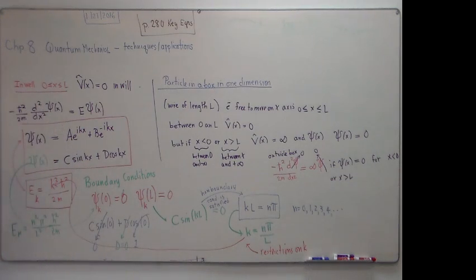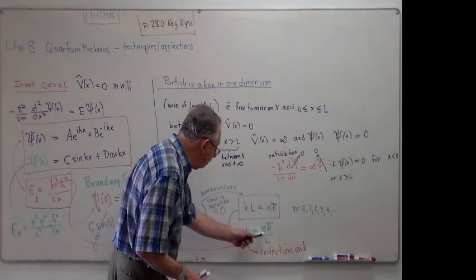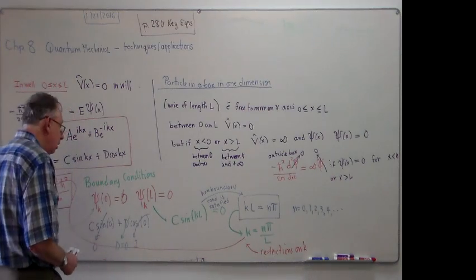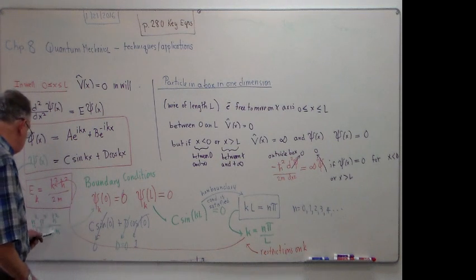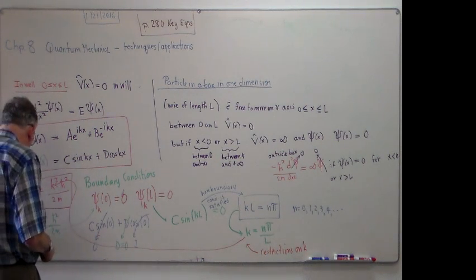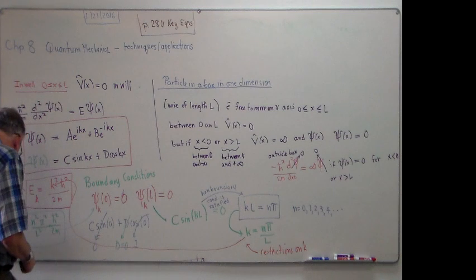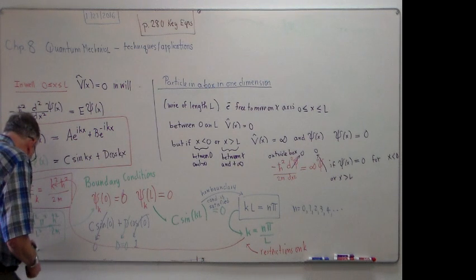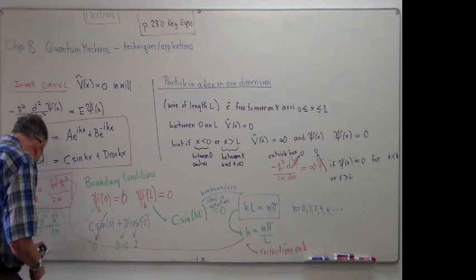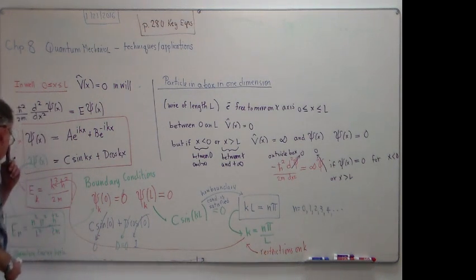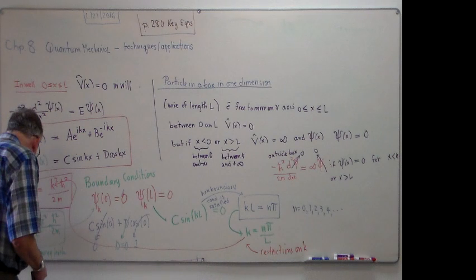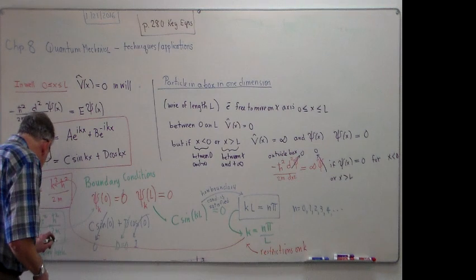In the numerator, an n squared and a pi squared, and in the denominator, an L squared, and then h bar squared over 2m. So these are the quantum energy levels for the particle in a box. And again, n can take on the values at this point 0, 1, 2, 3, 4.